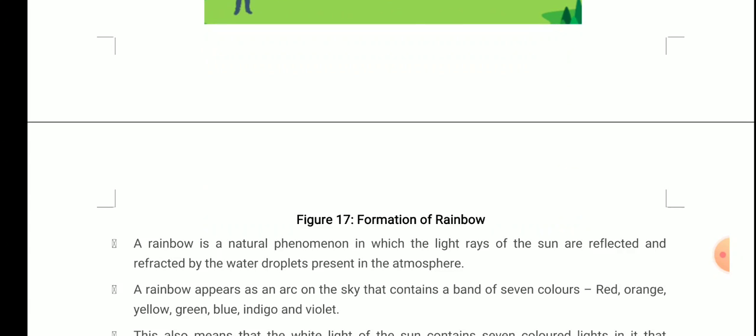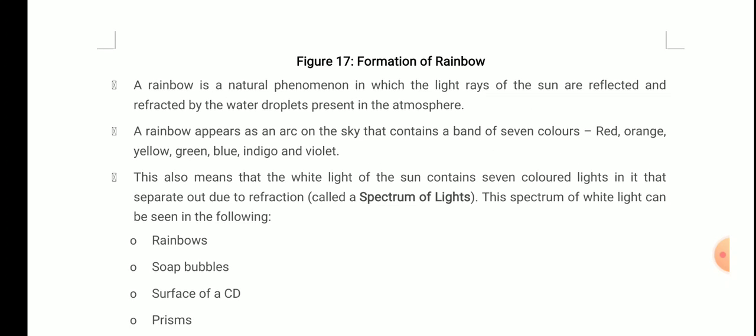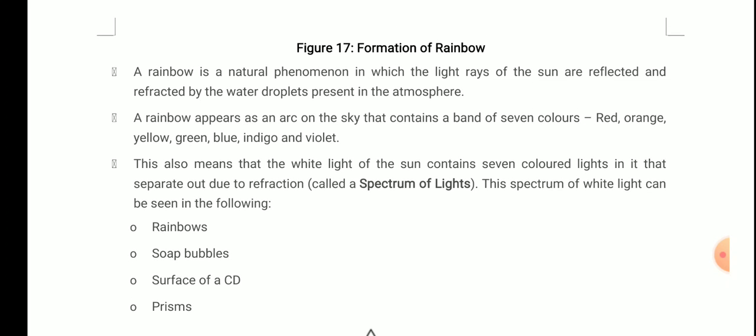So let's discuss the formation of rainbow. A rainbow is a natural phenomenon in which the light rays of the sun are reflected and refracted by the water droplets present in the atmosphere. There are two kinds of phenomena. The one we are studying in this chapter is reflection, and the other is known as refraction.